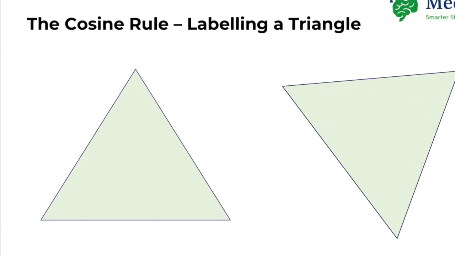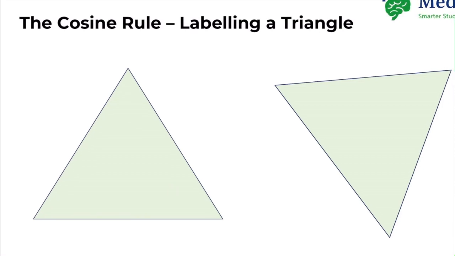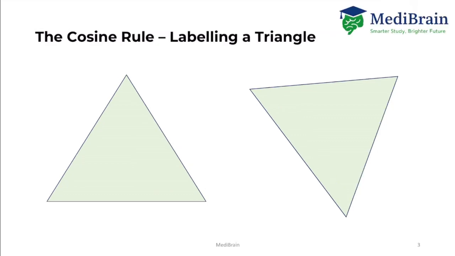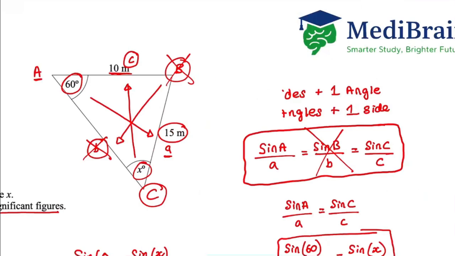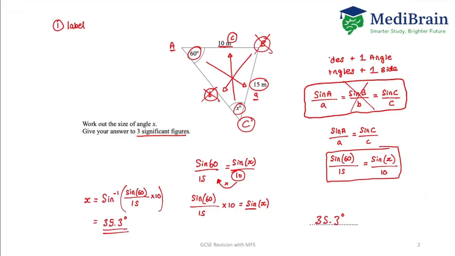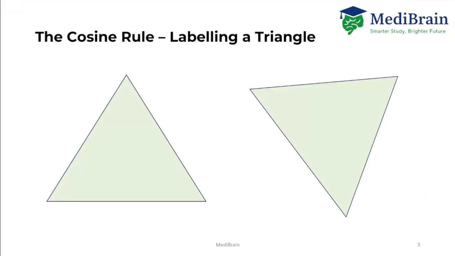When you're labeling the triangle, the only difference with the cosine rule is the side which is x, or the angle which is x, you have to label as A. Okay, so over here, we just label A, B, and C in any order, right? With the cosine rule, you have to label the side or the angle that you don't know with the A. So let's say that we need to work out this side.